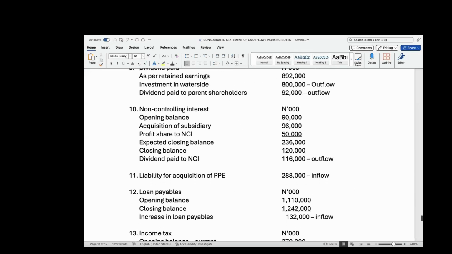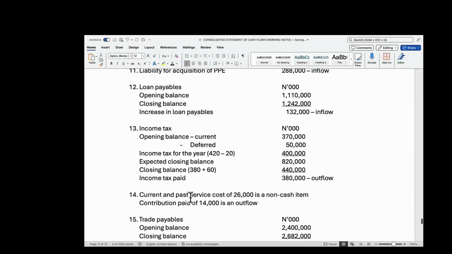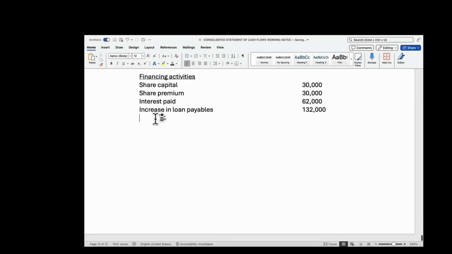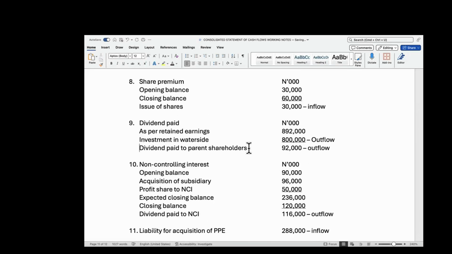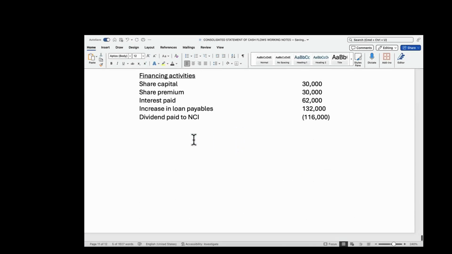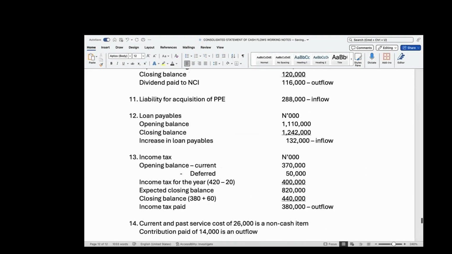Then dividend paid to NCI. Dividend paid to parent shareholders.